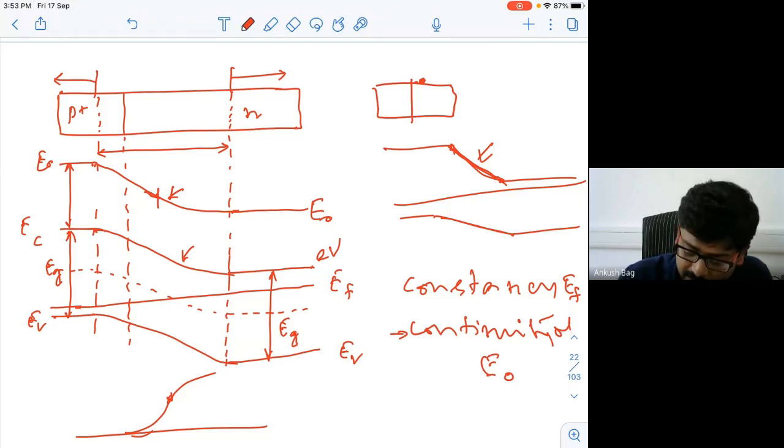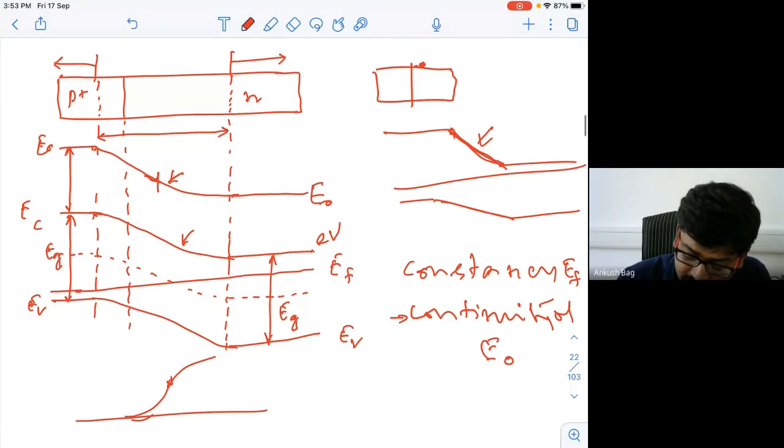However, I am mentioning here that maybe in future you may need this concept. If we have a heterojunction where the band gaps differ, Eg not equal to Eg2, there might be some discontinuity in the conduction band, the valence band, or both, because that difference needs to be accommodated somewhere.